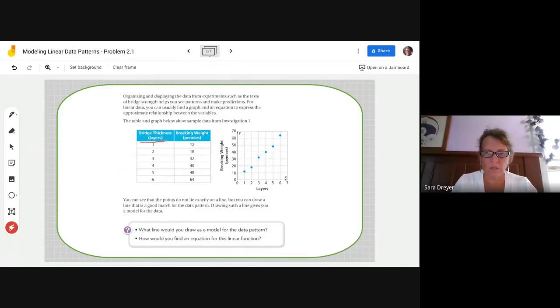So we have the bridge thickness and the breaking weight, and then here's the graph of it. You can see that the points do not lie exactly on a line, but you can draw a line that is a good match for the data pattern. Drawing such a line gives you a model for the data. What line would you draw as a model for the data pattern? And how would you find an equation for this linear function?